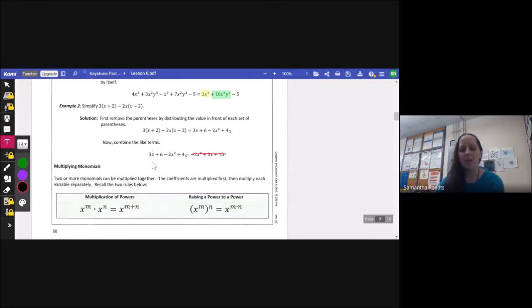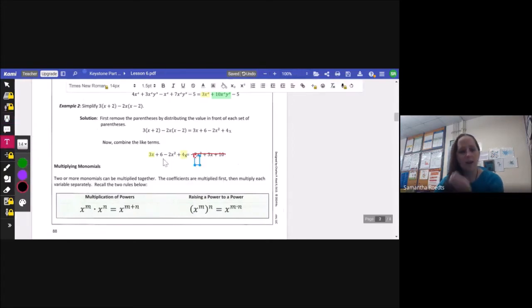Now I combine like terms. So 3x plus 6 minus 2x squared plus 4x. So again, I'm going to go ahead and combine my like terms. So I have a 3x and a 4x, and then 6 and negative 2x squared are not the same. So when I have this, they actually had it wrong because they forgot an x.